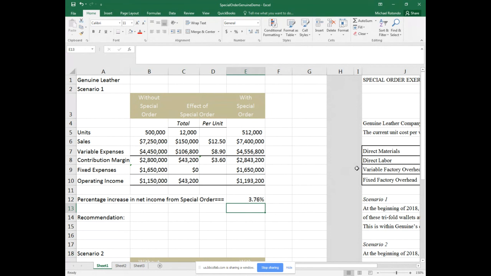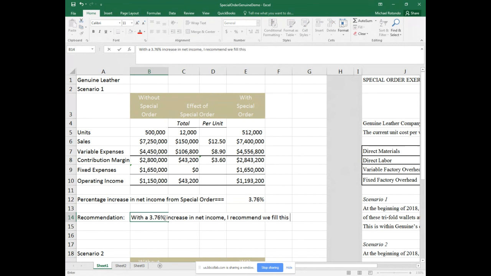We would almost have a 4% increase in our operating income by filling the special order, so it seems like a reasonable thing to do. Our recommendation to management might be something like this: a 3.76% increase in operating income, I recommend we fill this special order.